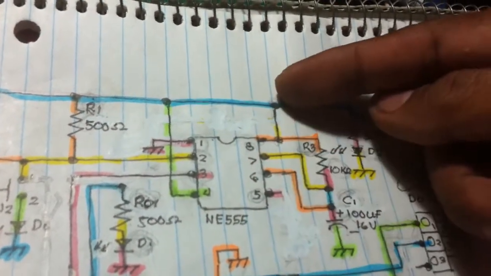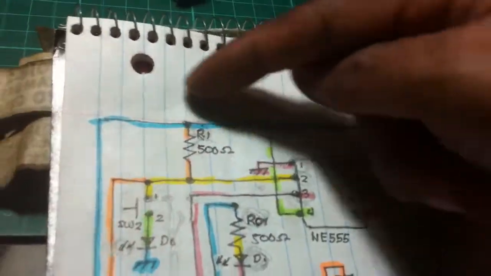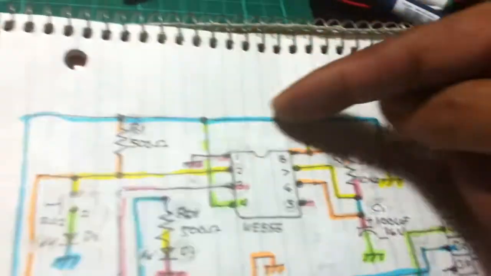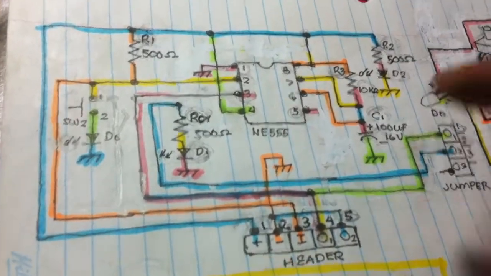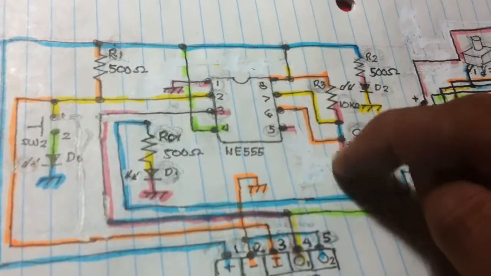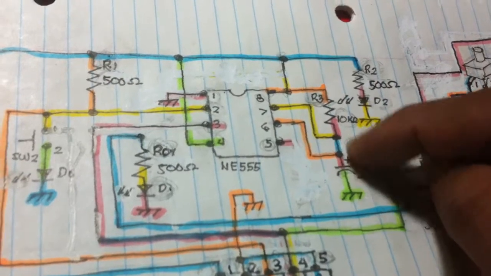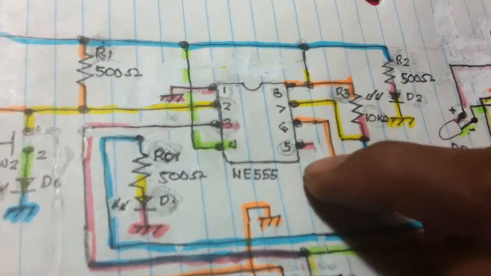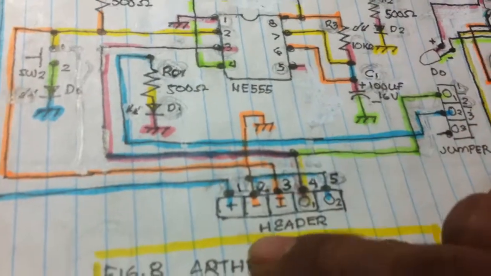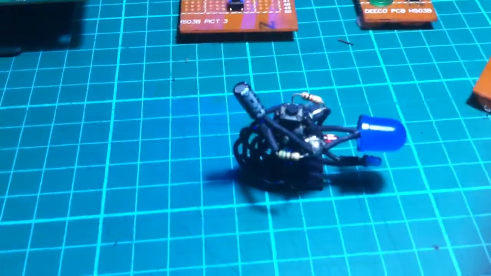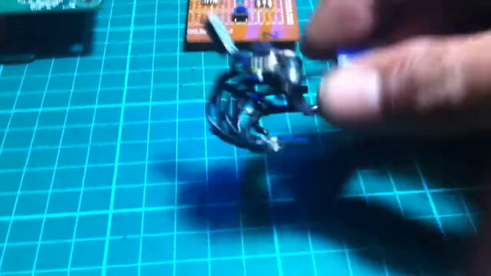Pin 8 goes to the positive rail, and it's connected in here to the header. 7, 6, capacitor at pin 5. I don't use any capacitor here for control voltage, still okay. So that is the schematic diagram of our Arthropod module.